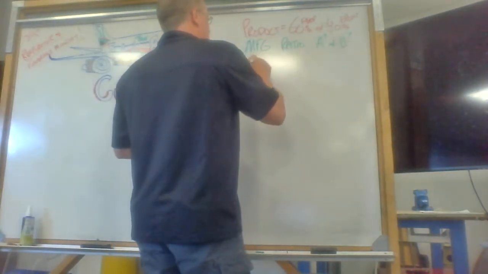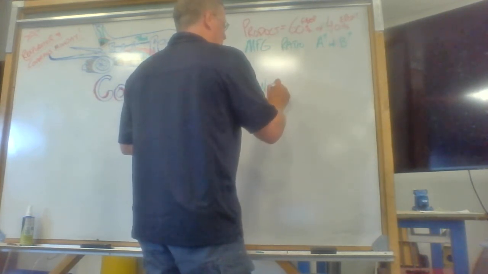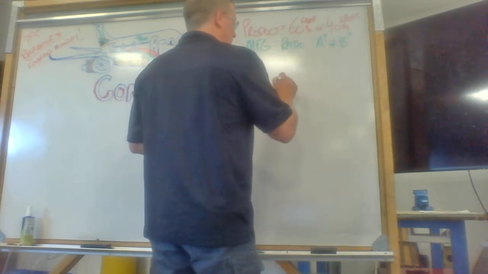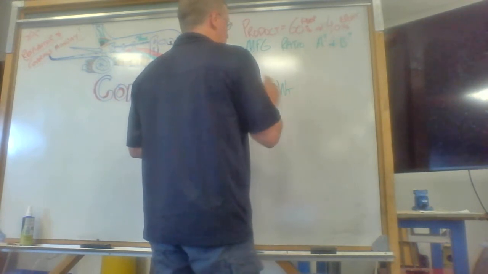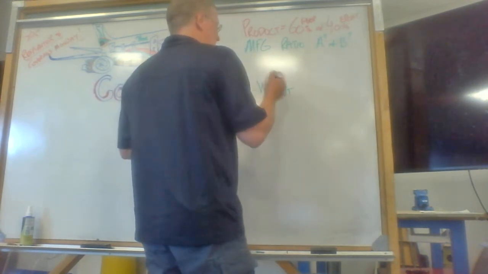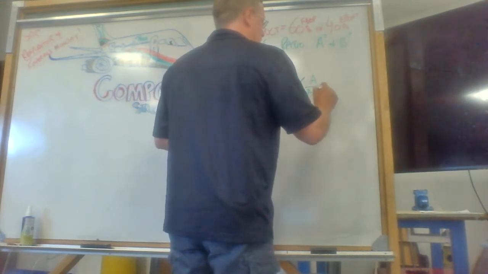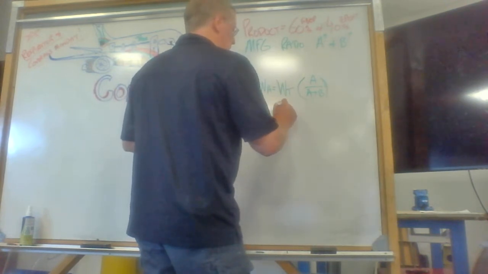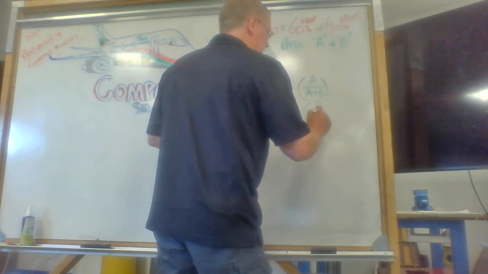And then we're going to find the weight of one component, right? One of those two components. So if we're looking for A, we're going to use the formula WT, the total weight of the finished mix, both A and B, which normally is given, and then the ratio of A over A plus B. So we can use that, or if we're looking for B, we can use the same formula, except we're going to put B over A plus B, right?